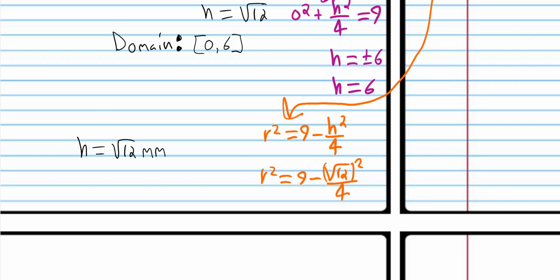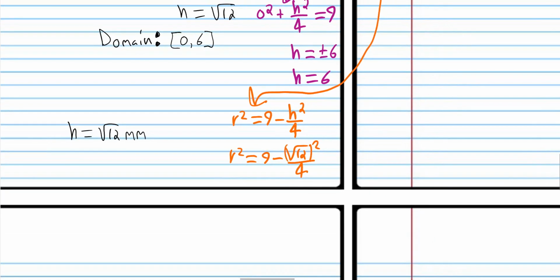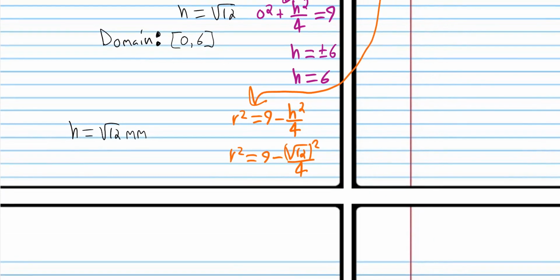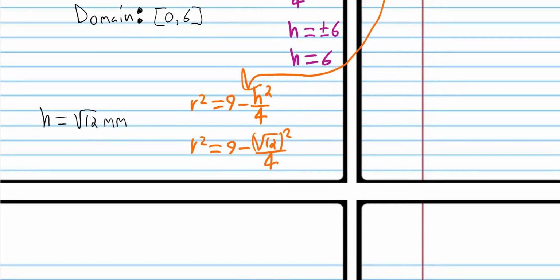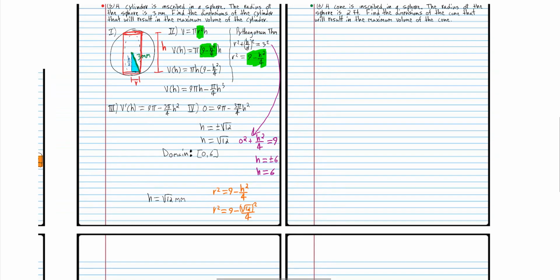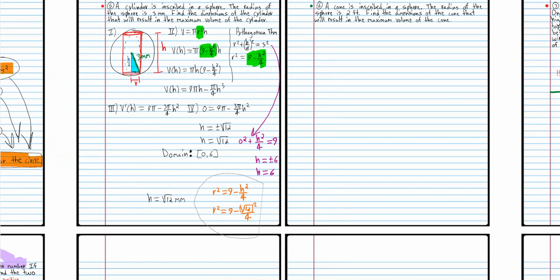then what would r be? Let me move this over a little bit. So r would just be, let me move that. Sorry, it's hard to find room on the page sometimes.